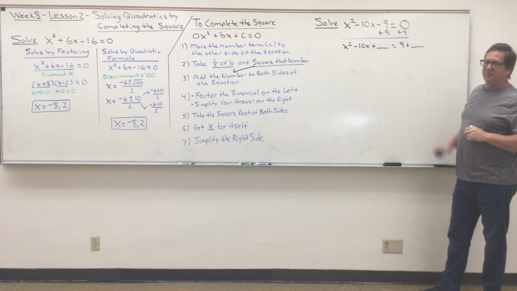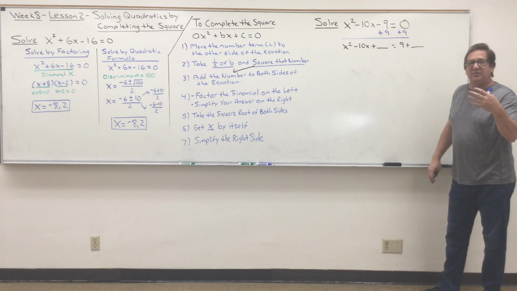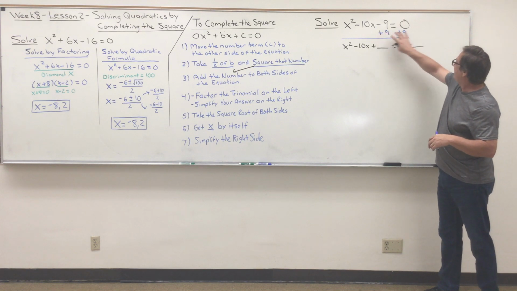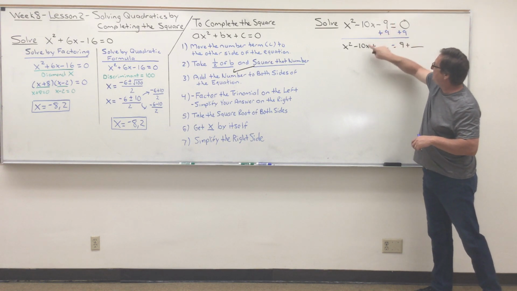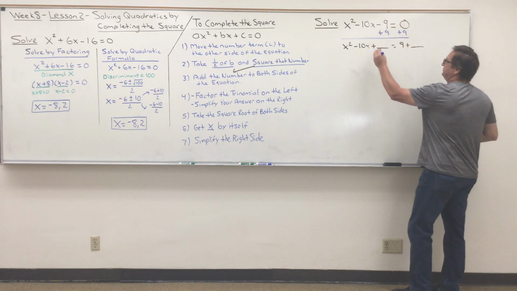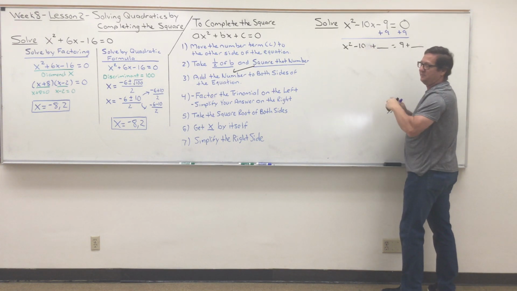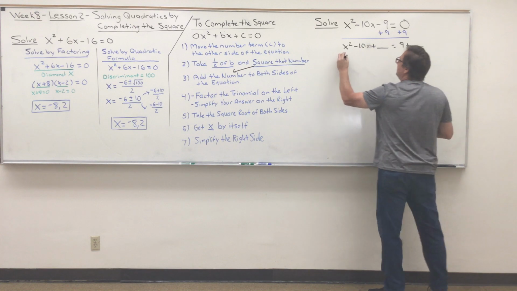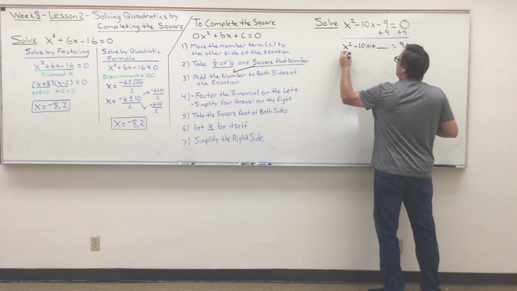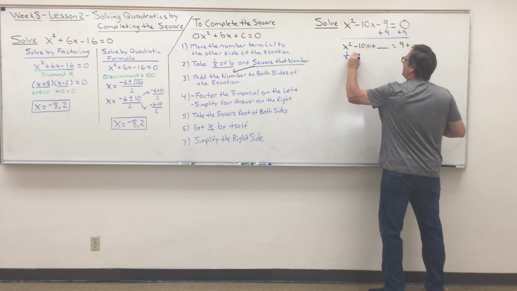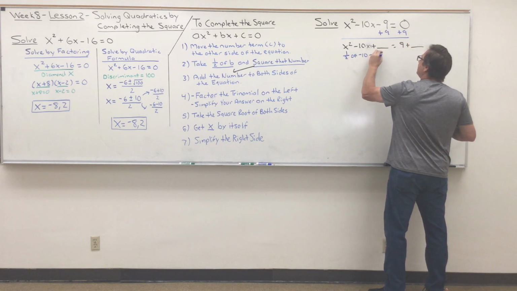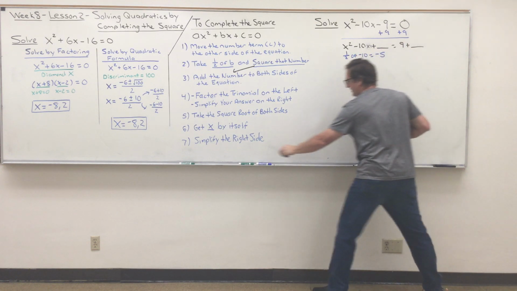So, very quick move. Some of you at the end of the year are probably at the point where you don't even have to do this. You can just jump from the black to the black line right there. Sorry about that. All right. Half of negative 10 is negative 5.